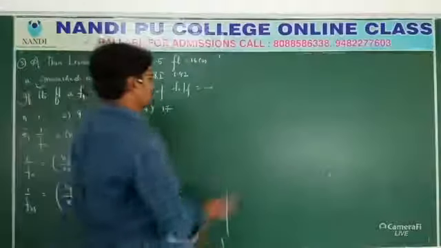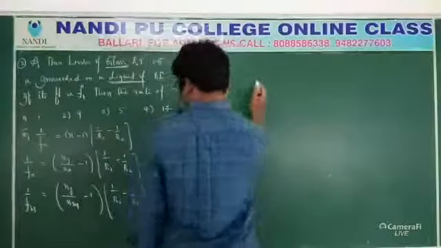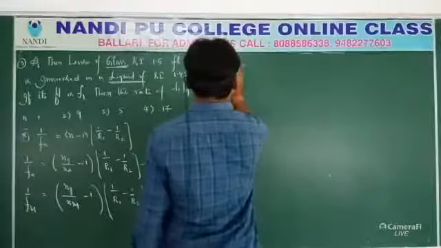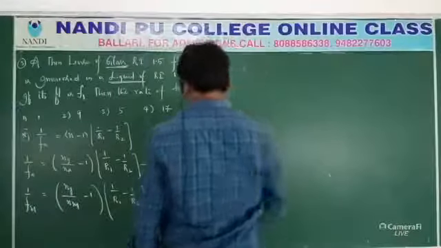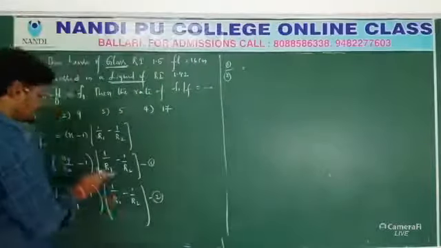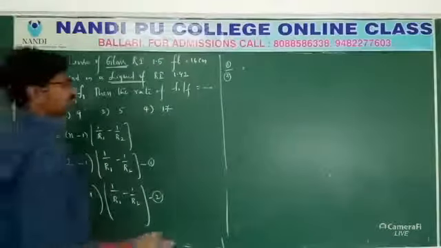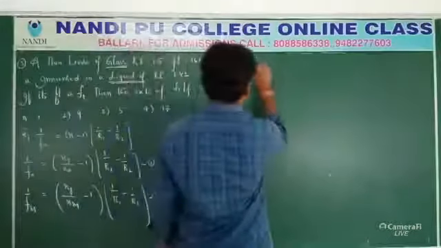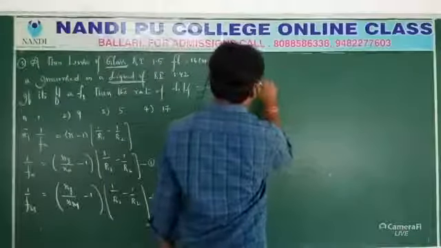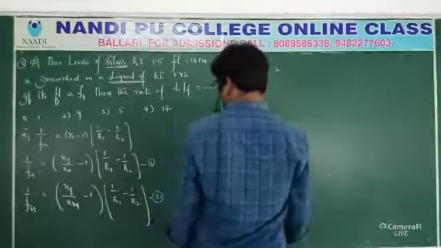I will substitute. Better I will do equation 1 by equation 2. This equation by this equation, 1 by Fa by 1 by Fm, means Fm by Fa will come. Fm by Fa is equals to what?